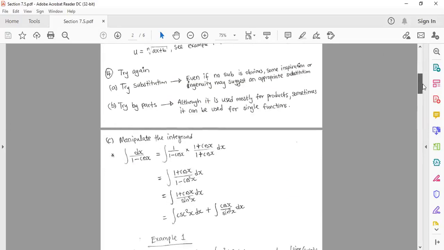Now this one is very, very important. Manipulate the integral. Sometimes I'll give you an integral, and like I said before, everything we've done so far does not work directly. For example, look at this integral here.